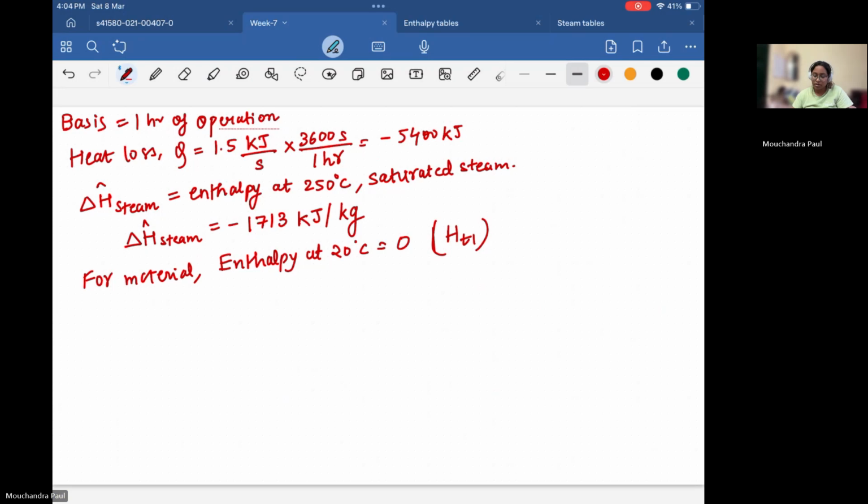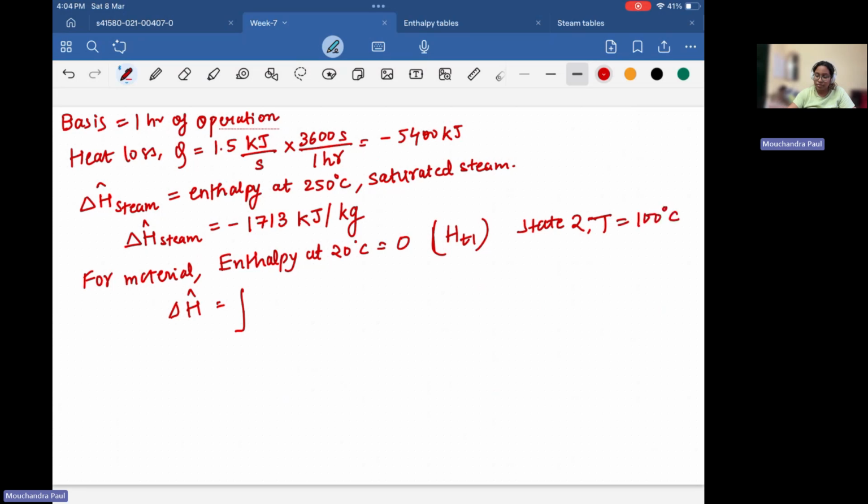Okay. And change in enthalpy can also be written as this. The final temperature of the material at state 2. Sorry, state 2 temperature is 100 degrees Celsius.